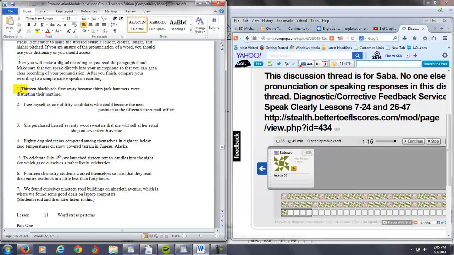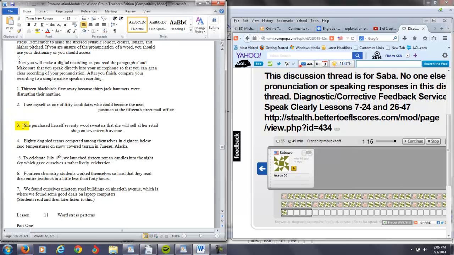Let's go over these sentences one more time. 13 blackbirds flew away because 30 jackhammers were disrupting their nap time. I see myself as one of 50 candidates who could become the next postman at the 15th Street mail office.